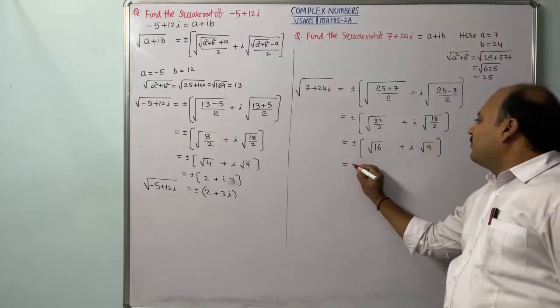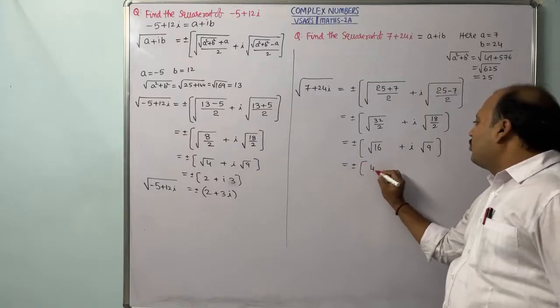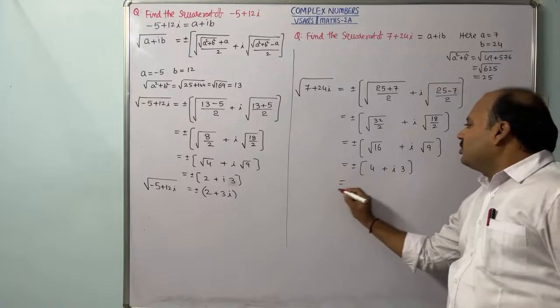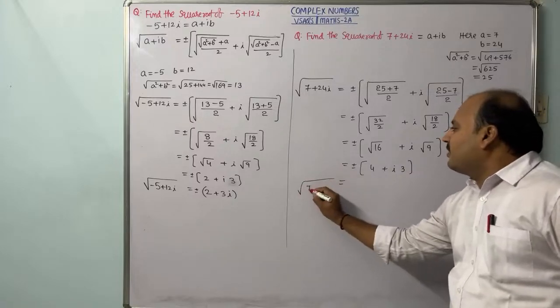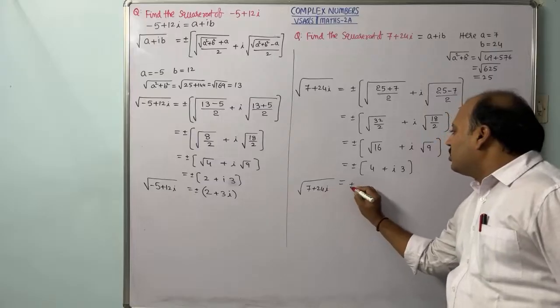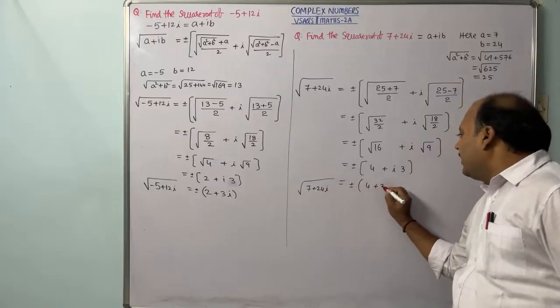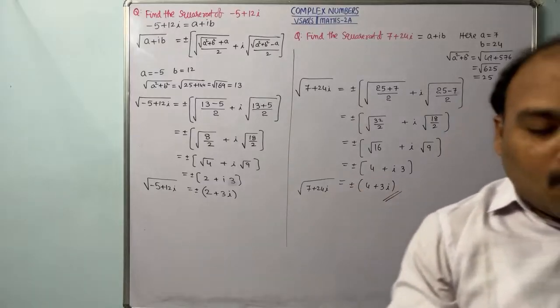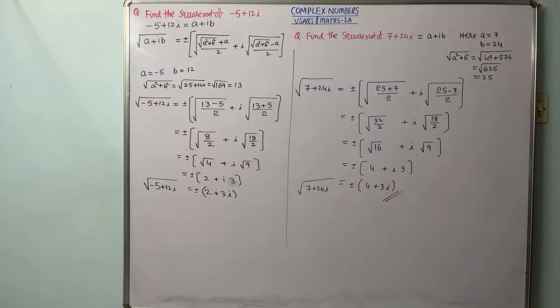So which is equal to plus or minus (4 + 3i). Therefore, the square root of 7 + 24i is equal to plus or minus (4 + 3i). I hope you understand, dear students. This type of model is very important. We can expect it also in the public exam.